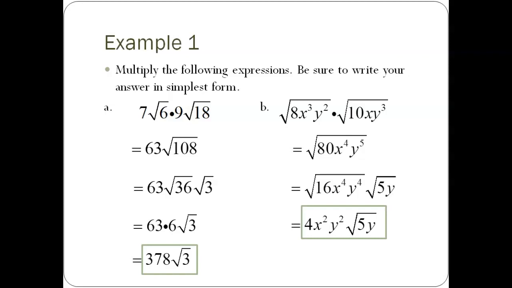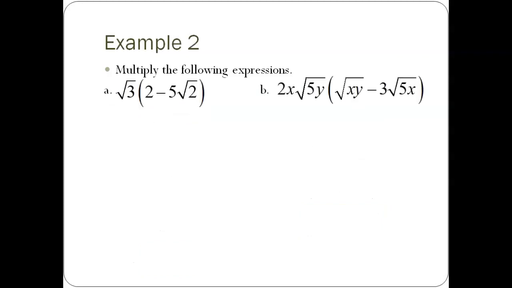All right, let's take a look at example 2. Now in these examples, we have the square root of 3, or some square root, and then in parentheses, we have 2 terms. So we're going to have to distribute what's outside of the parentheses to what's inside the parentheses.